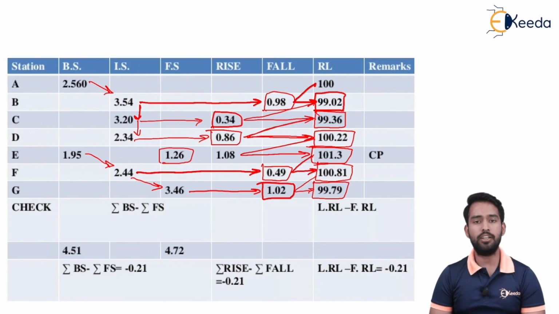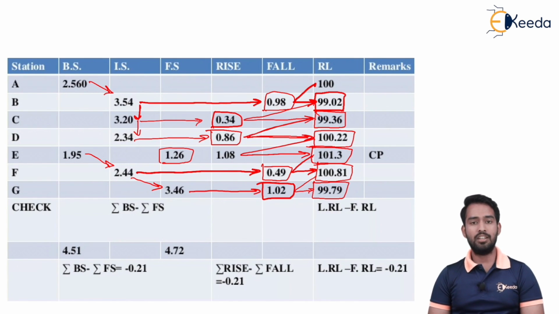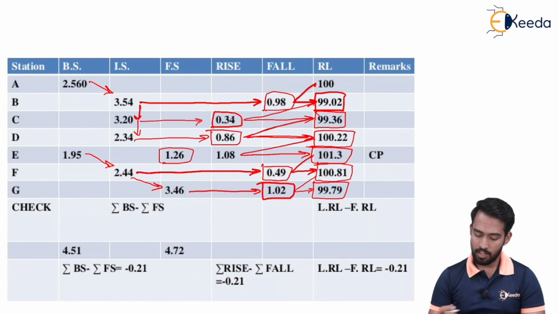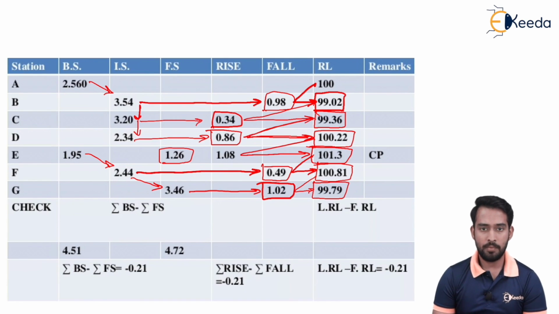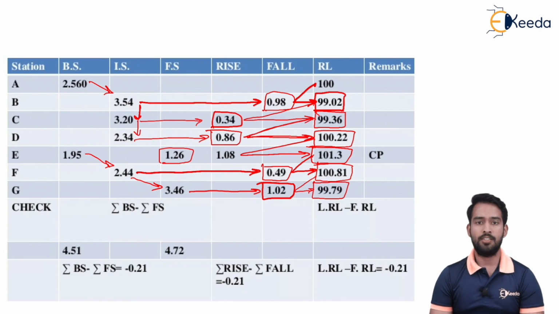So after calculating all the missing data, now we have to provide a check whether our calculations are right or wrong. So as we know, there are three checks: summation of BS minus summation of FS, summation of rise minus summation of fall, and last RL minus first RL.